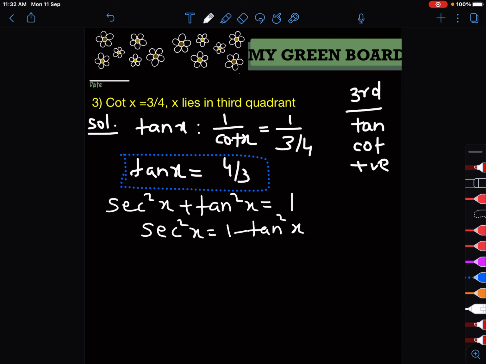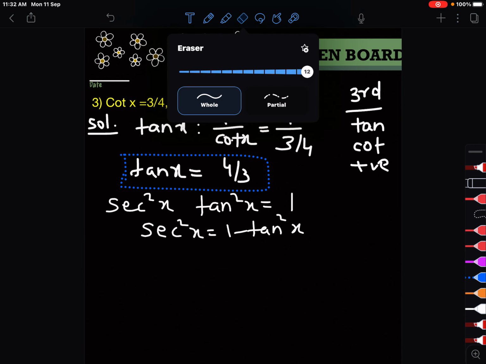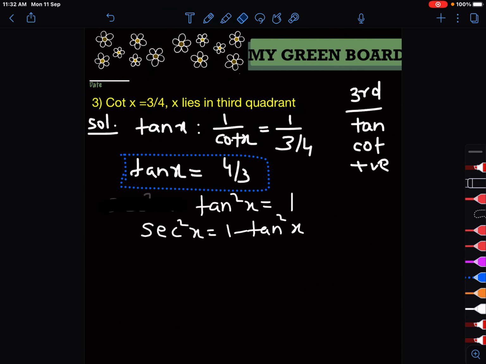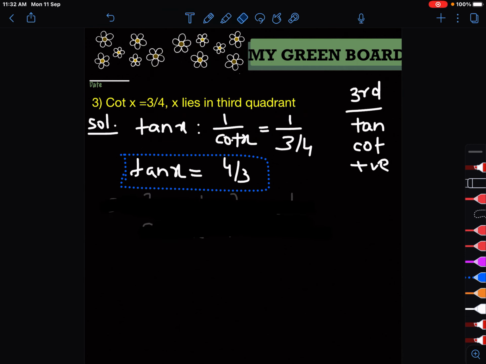Sorry, 1 plus tan square x is secant square x. This formula, one second, I'll just teach you this way. So we have to take the identity as 1 plus tan square x equal to secant square x.